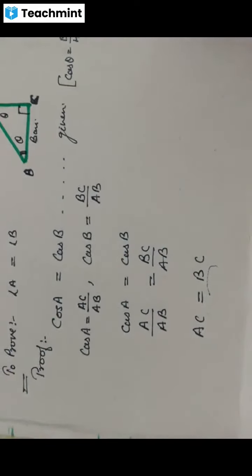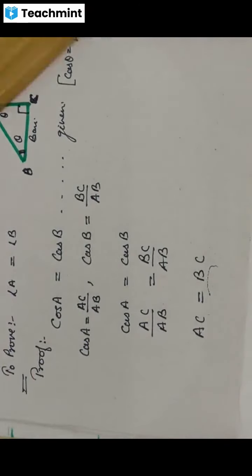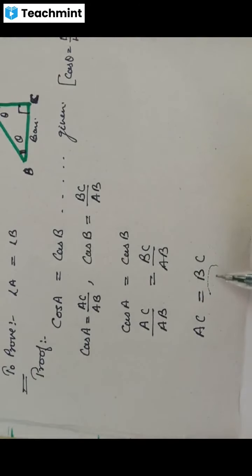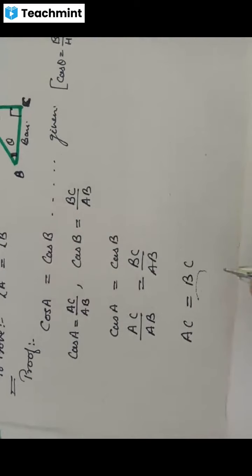Side AC and BC I have equal. And if the sides AC and BC of the triangle are equal, that means the triangle is an isosceles triangle.